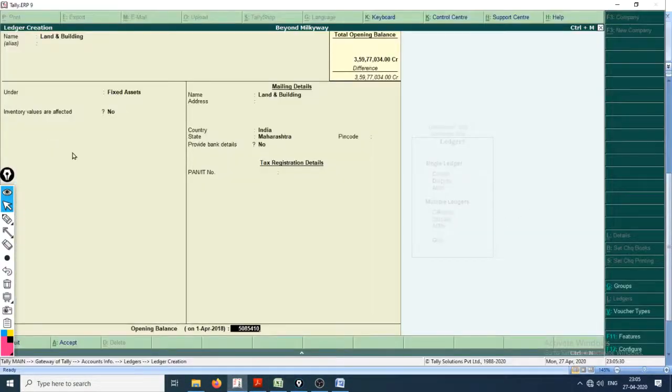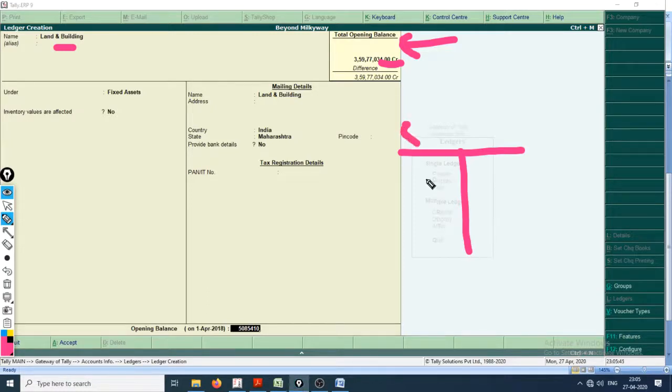As you see, there is only a credit balance right here and there is no debit balance. As soon as we enter this fixed asset, we were entering all the figures of this side of the balance sheet. Now let's enter this side of the balance sheet figures also.